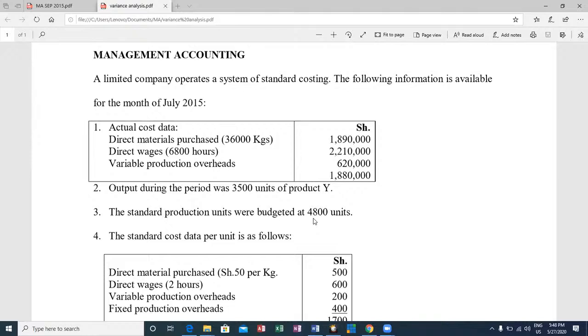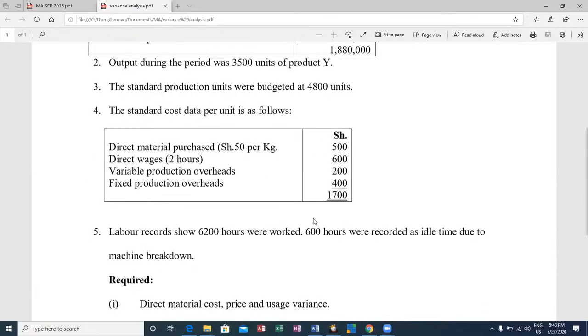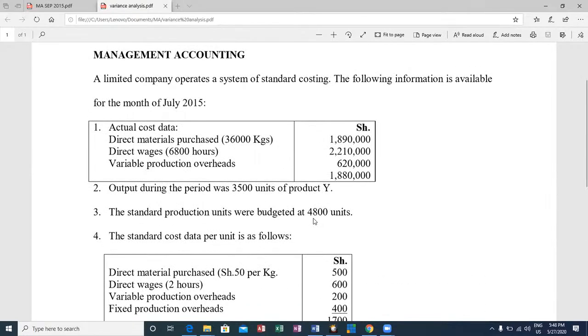Is there somebody who is able to see anywhere in this question the actual production? Please scroll down a little bit. The actual output, note number 2. The actual output was how many units? 3,500 units. The actual output was 3,500 units.